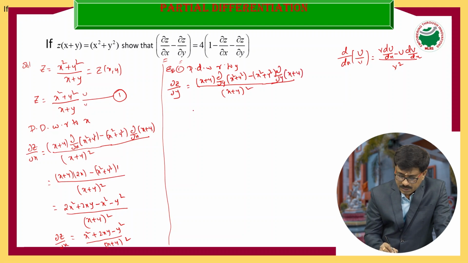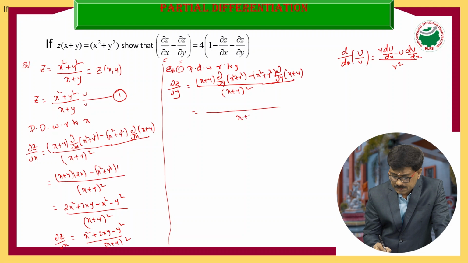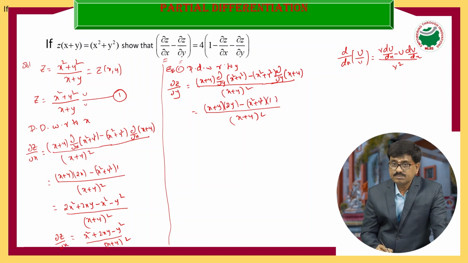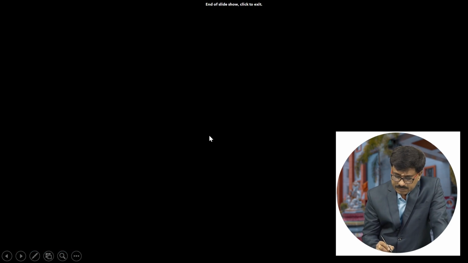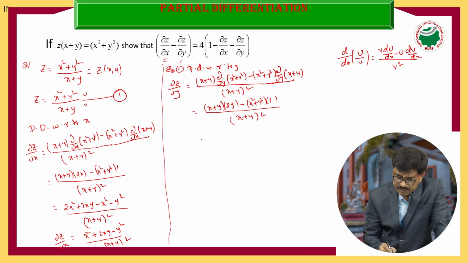This denominator becomes (x plus y) whole square, (x plus y) into partial derivative, this becomes 2y, minus (x square plus y square) partial derivative, this becomes 1. Let us take this value.